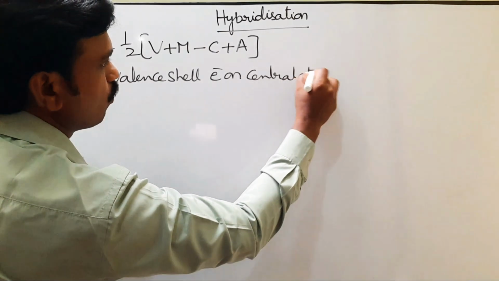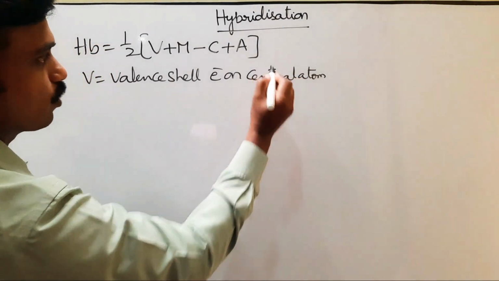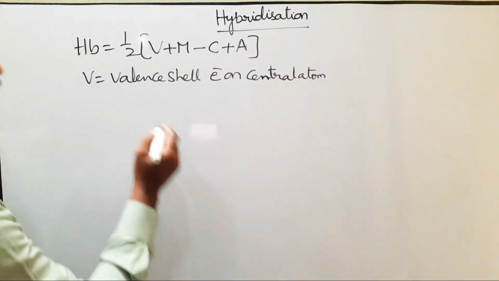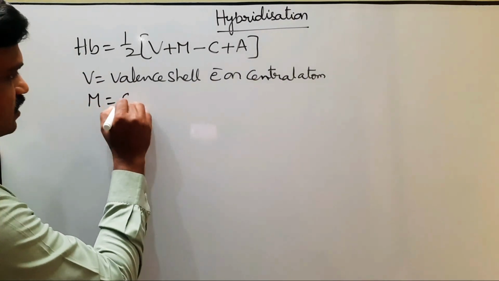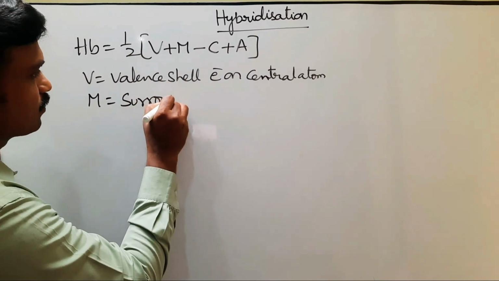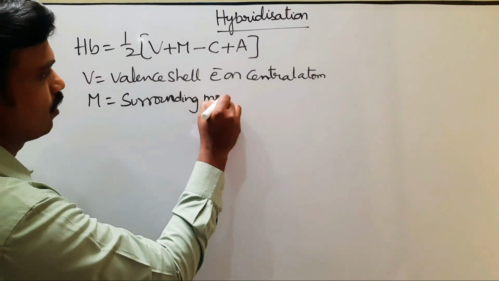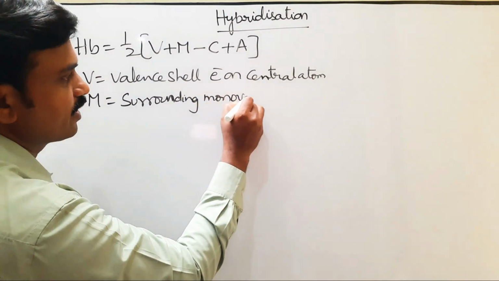Suppose a covalent molecule is there; the covalent molecule has a central atom, so we have to identify the central atom. M is the surrounding monovalent atoms. What are surrounding monovalent atoms?